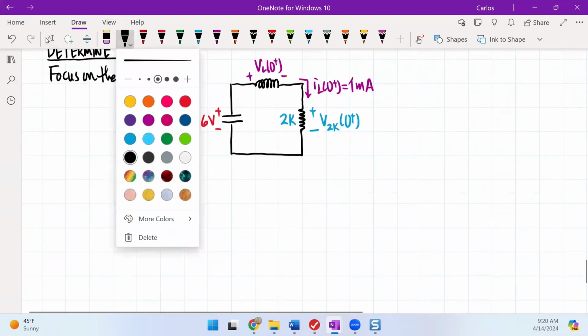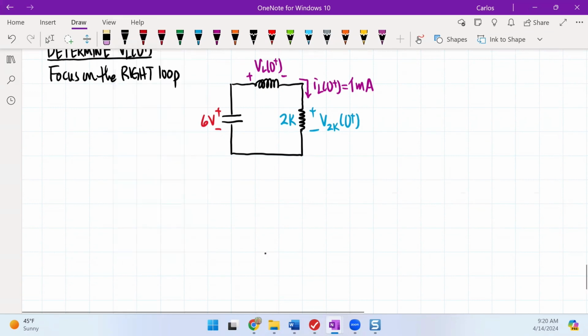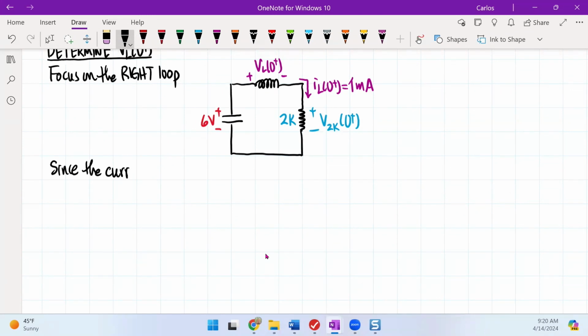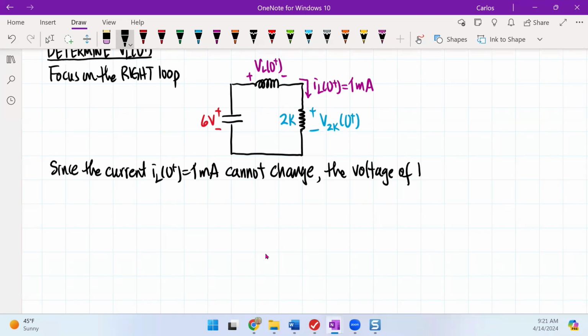Let's write that down briefly: since the current cannot change, the voltage of the 2K must be, according to Ohm's law, V2K at 0 plus equal to 2K times 1 milliamp, so I'm going to get 2 volts.